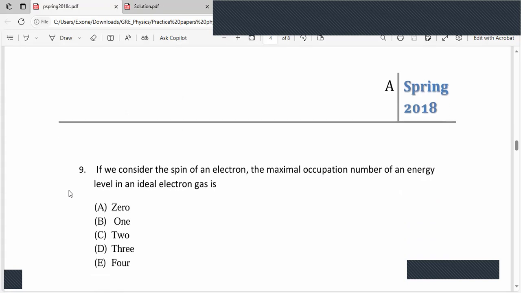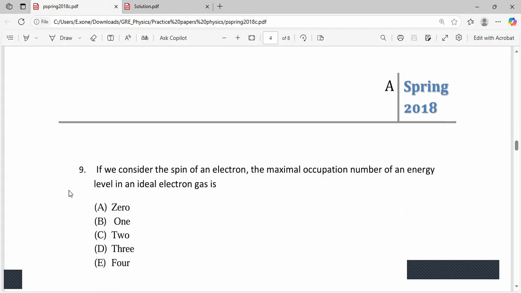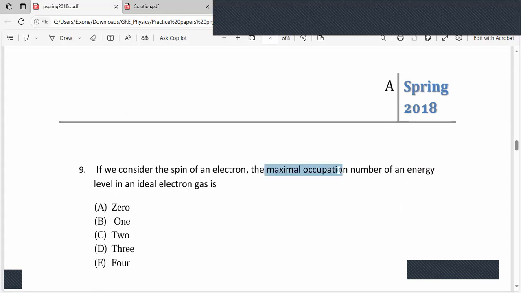So this is the last question we are going to see, and in the next video, we will solve more problems. So if we consider the spin of an electron, the maximal occupation number of an energy level in an ideal electron gas is? So we have to find the maximal occupation number of an energy level.